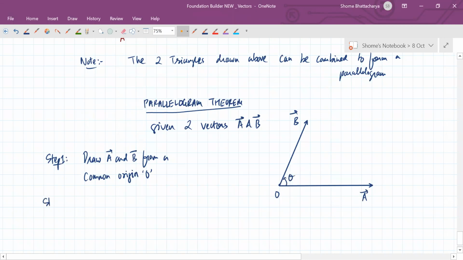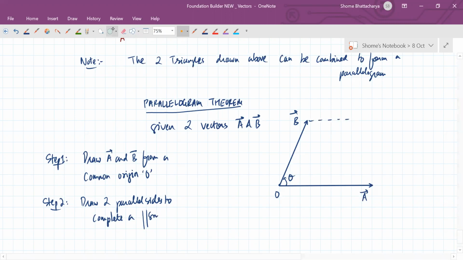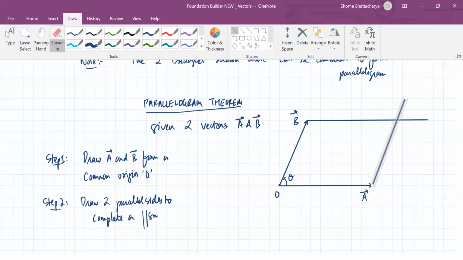Then the next step is to draw two parallel sides to complete a parallelogram. So we draw one parallel side like this, and one parallel side like this, and this just gives us the figure of a parallelogram.